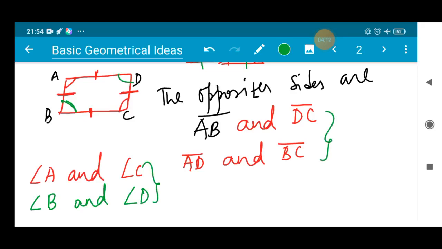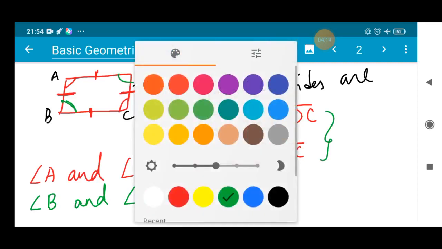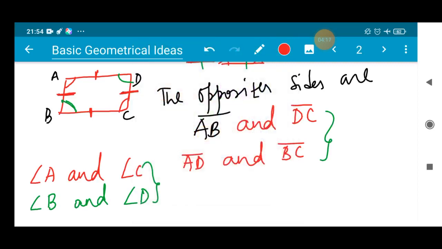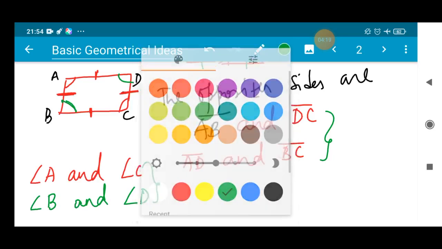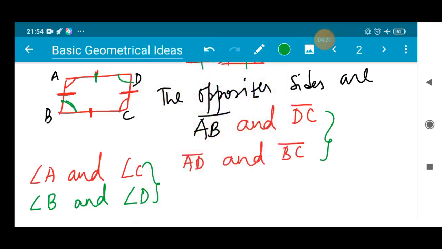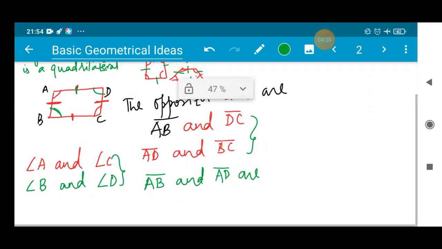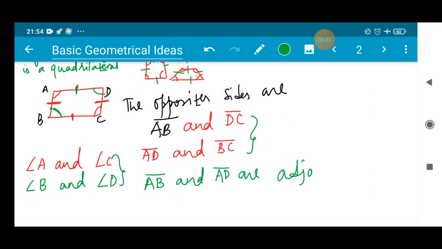Now one more thing we have, that is adjacent sides. Suppose this is one red mark over here, and this is another mark, say AB and AD. AB and AD are adjacent sides.